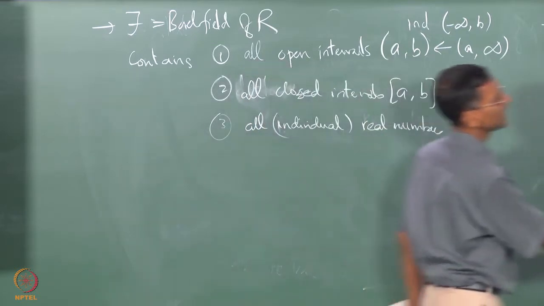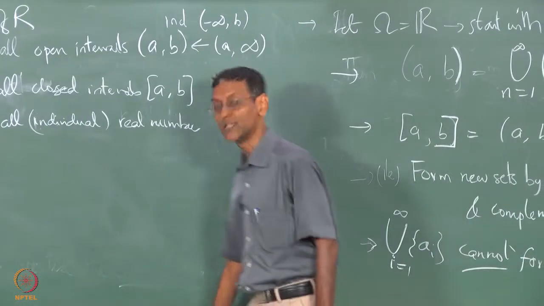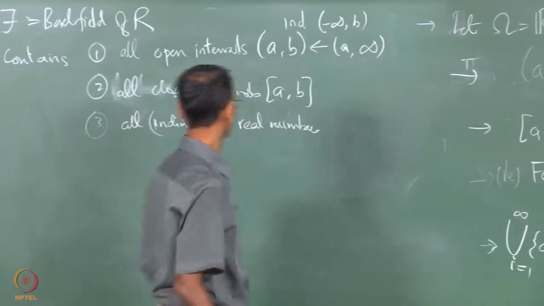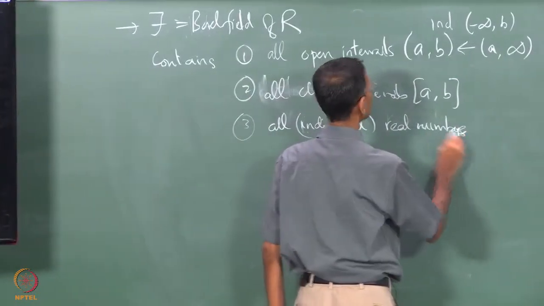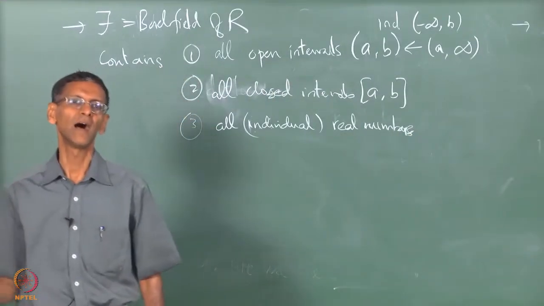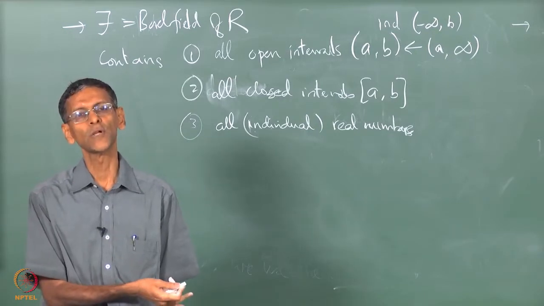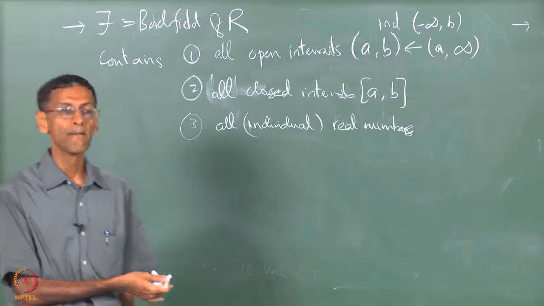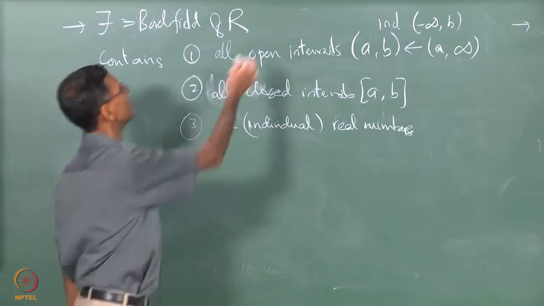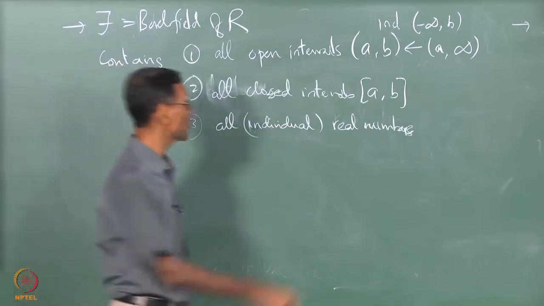Why? Because how did I get this? By taking a countable intersection, right? So all real numbers individually are included in F, not just the intervals, points are also included.